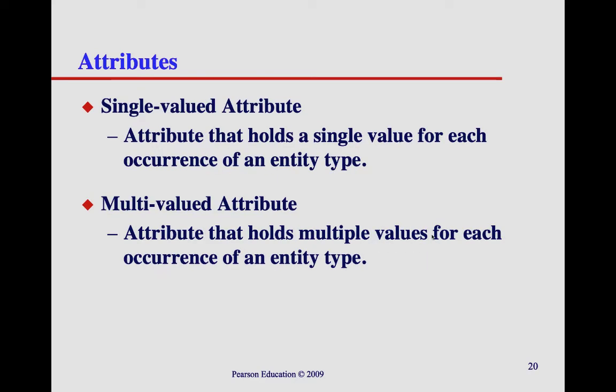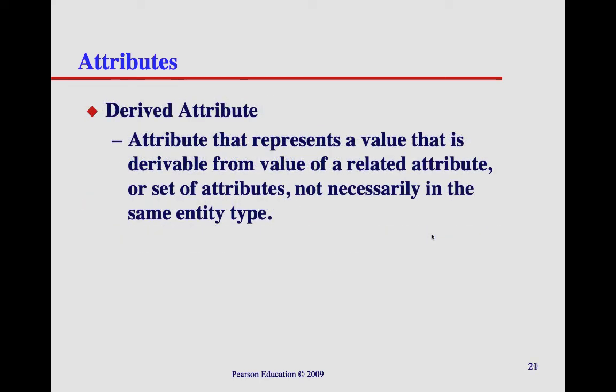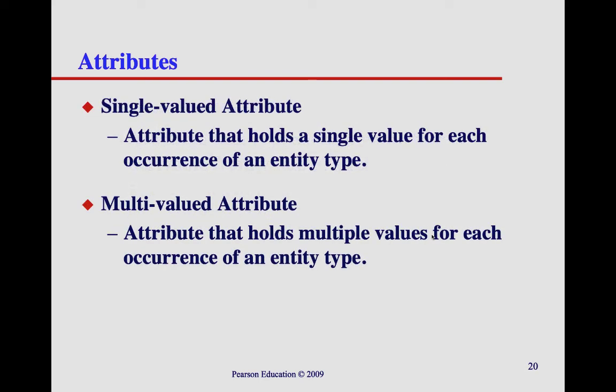So don't confuse the two. These are single versus multi-valued, simple versus composite. They are orthogonal. Okay, by the way, multi-valued attributes tend to show up in their own relation.